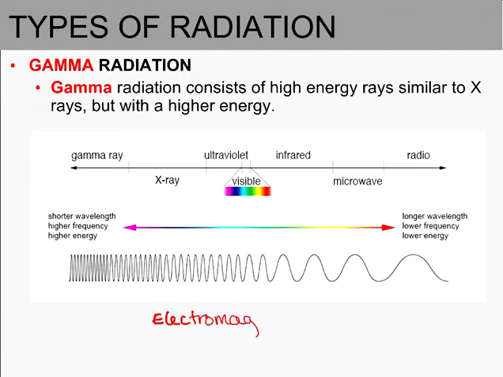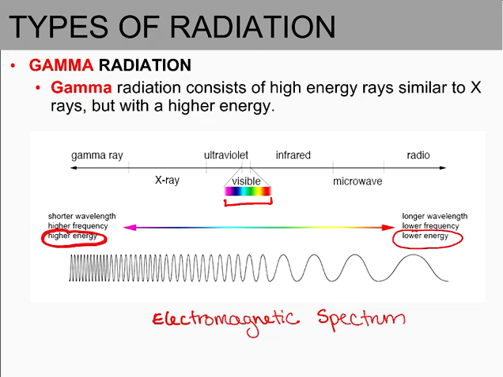You might remember this from when we talked about electrons earlier in the quarter. In the middle we have visible light. To the right of that visible light, we have infrared rays, microwaves, and radio waves, which all have low energy. To the left of the visible light, we have ultraviolet light, X-rays, and gamma rays. These are high in energy, and in fact, gamma rays have the highest energy.